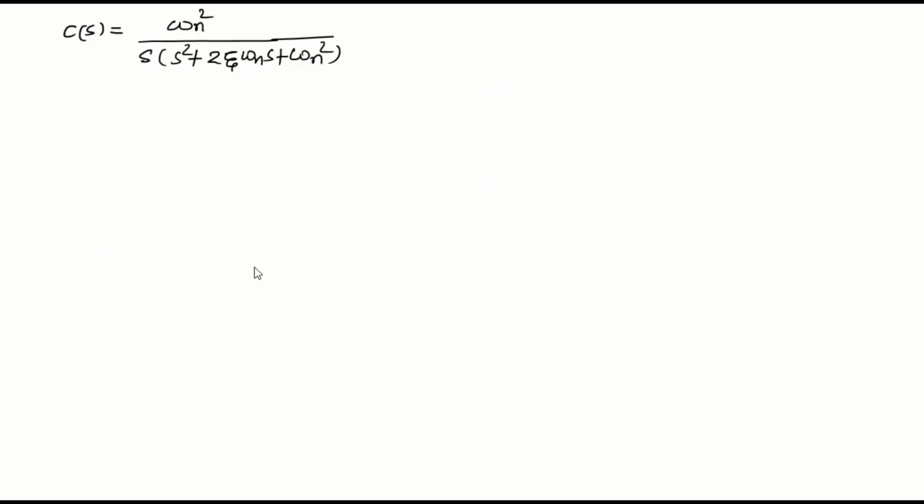Now to calculate the inverse Laplace of C(s), we have to do partial fraction of this equation. Let us assume the partial fraction is A by s plus, since this is a second order equation in the denominator, we do partial fraction according to this rule, Bs plus C divided by s square plus 2 zeta omega n s plus omega n square.